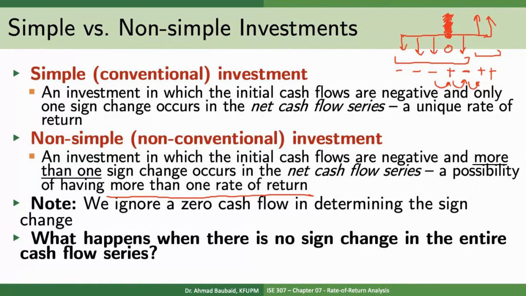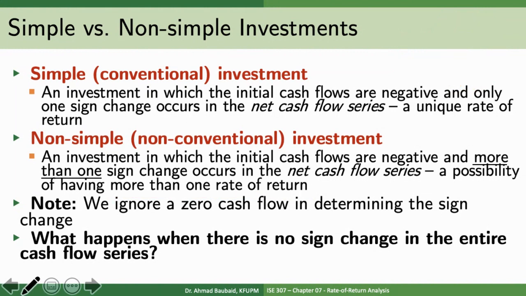Now, what happens when there is no sign change in the entire cash flow series? Maybe I should ask this to you, see if you have any input on this. So I give you a cash flow. Let me erase just so I can draw an example. It's a kind of weird looking cash flow, right? Everything is just income. There's no sign change here, right?